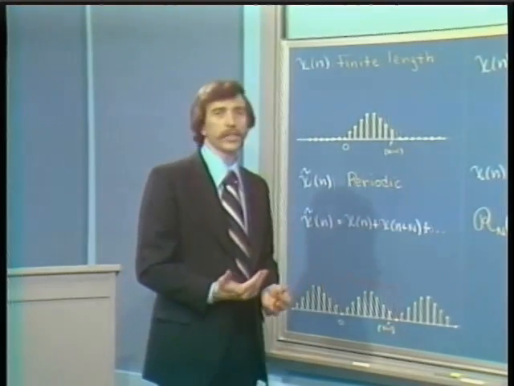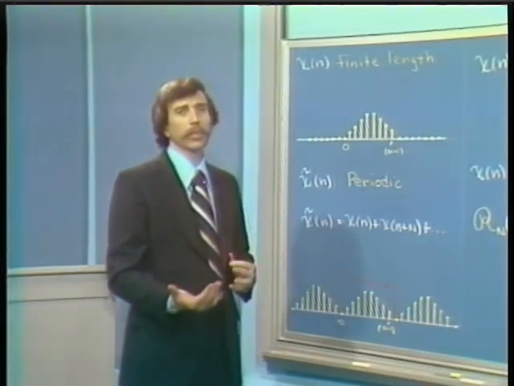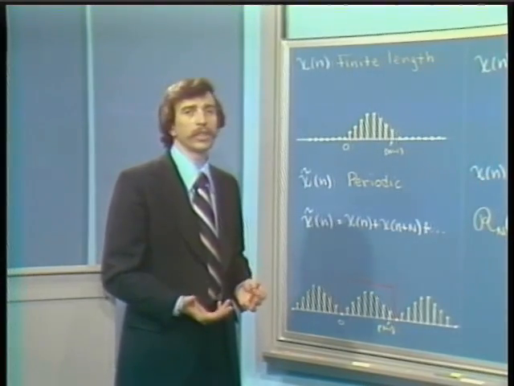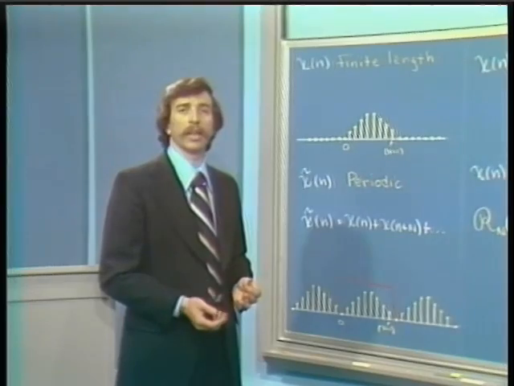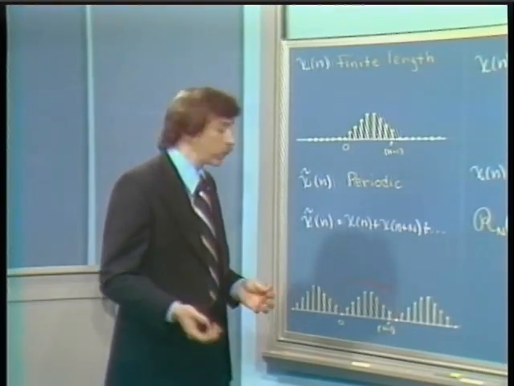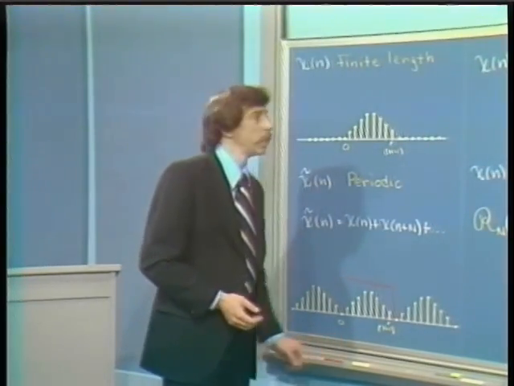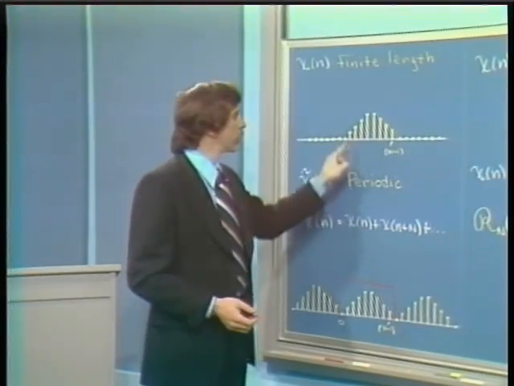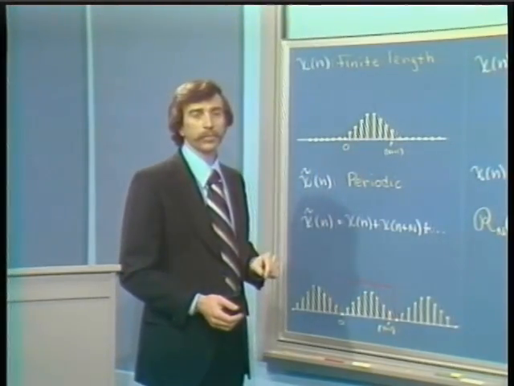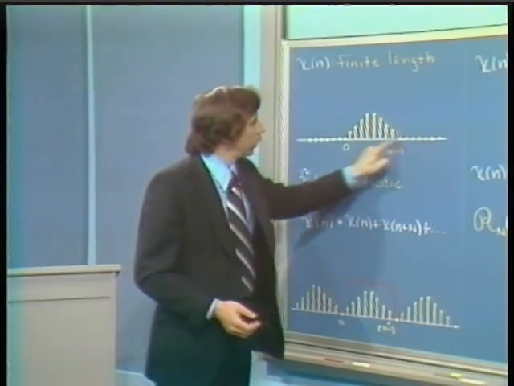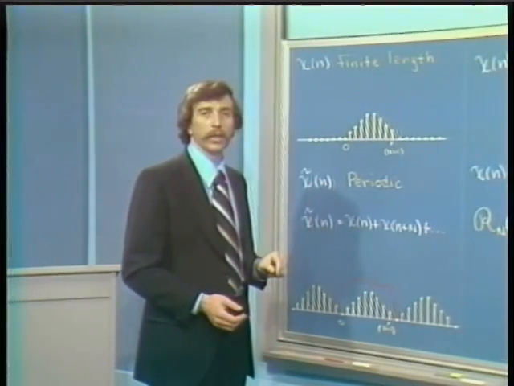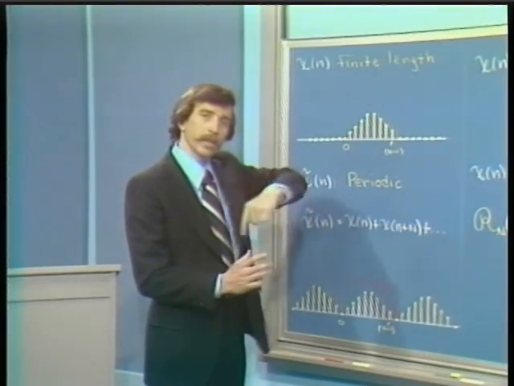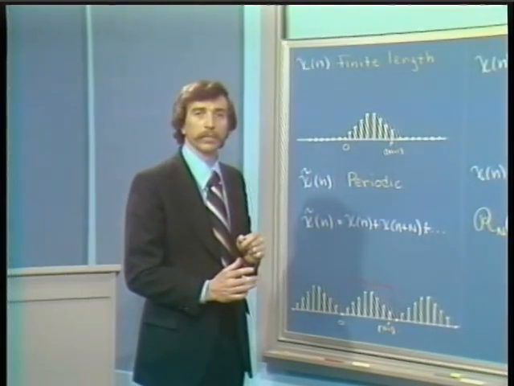A finite length sequence is very similar to a periodic sequence in that both of them are simply defined by capital N values. One way to think of that, by the way, is to think of taking a finite length sequence of capital N values. Instead of drawing it along a straight line as I've done here, imagine taking this finite length sequence and wrapping it around the circumference of a cylinder.